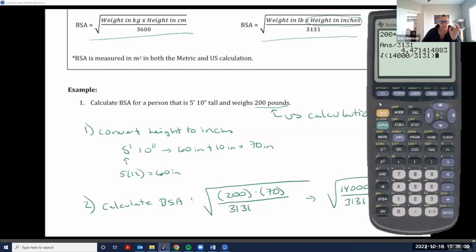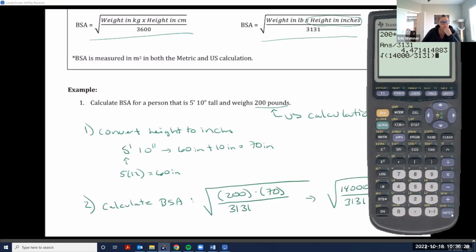If you do not have this type of calculator, I think if you just press the square root button on your calculator, like if you have a calculator with fewer functions, it'll work that way. But if you have the graphing calculator, this is the way that you're going to want to enter it so that you get the actual square root of that division.